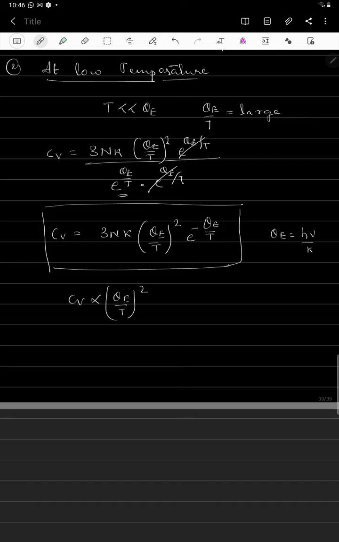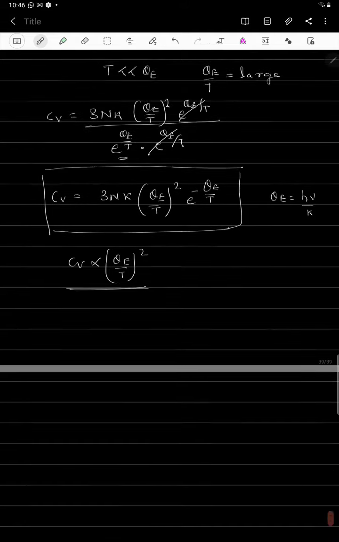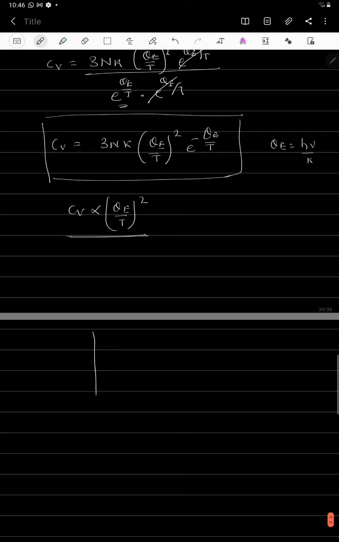By using the experimental Einstein's temperature, he drew a graphical representation. One graph, Cv versus temperature, with theta e divided by T. So he got a curve like this.